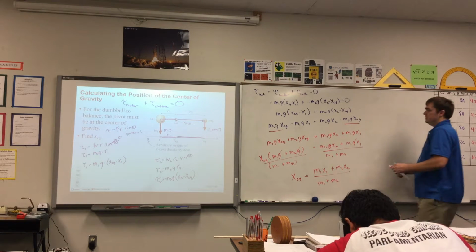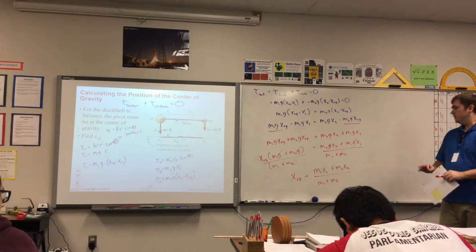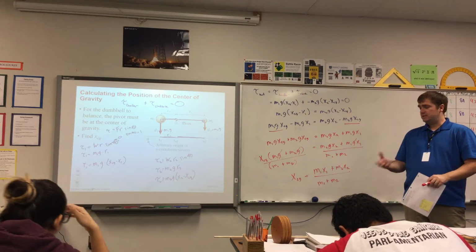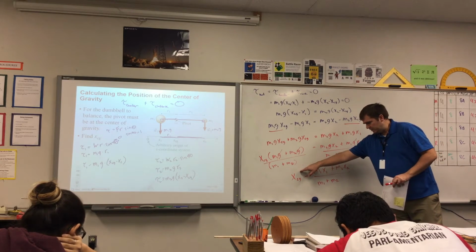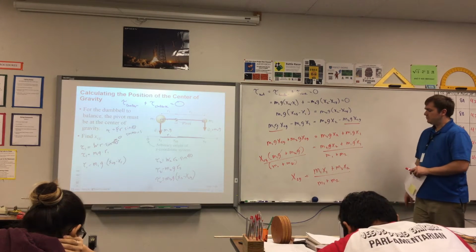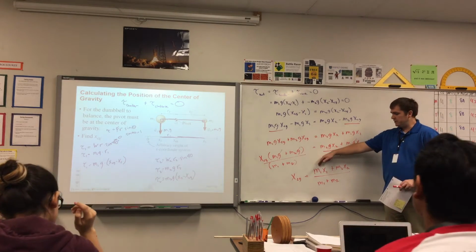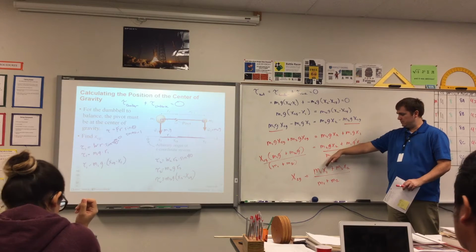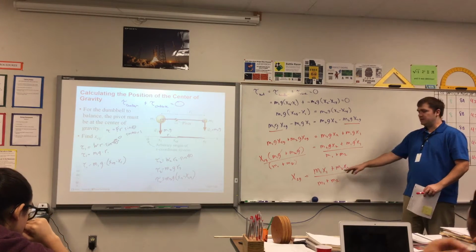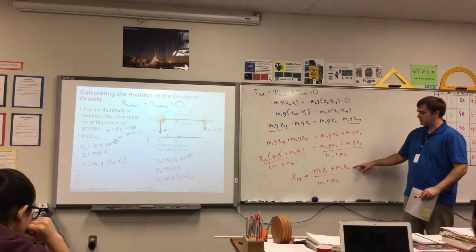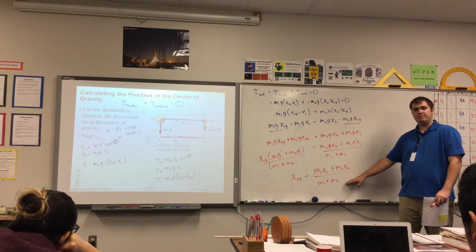And that looks really complicated, but in actual fact it's not. It's really quite elegant. The position of the center of gravity is, you take the mass of object 1 times its position, plus the mass of object 2 times its position. It's not random, it's M1 X1, M2 X2, divided by the sum of their masses.